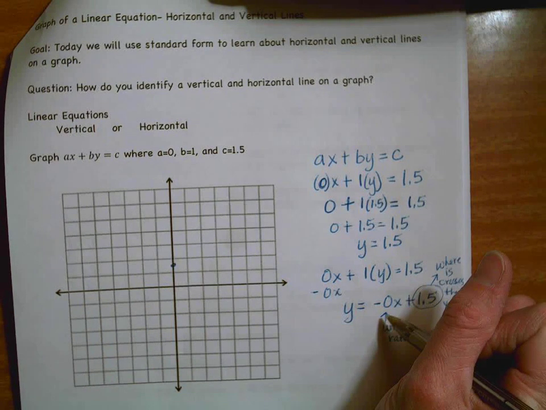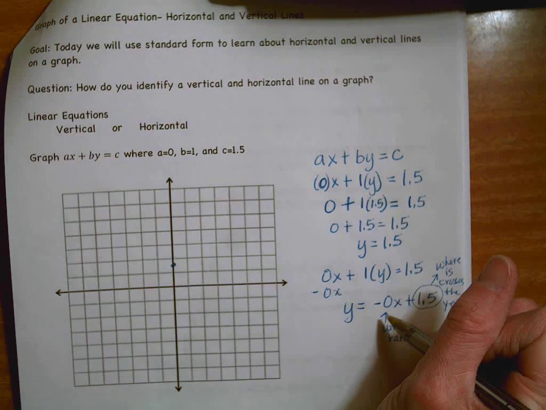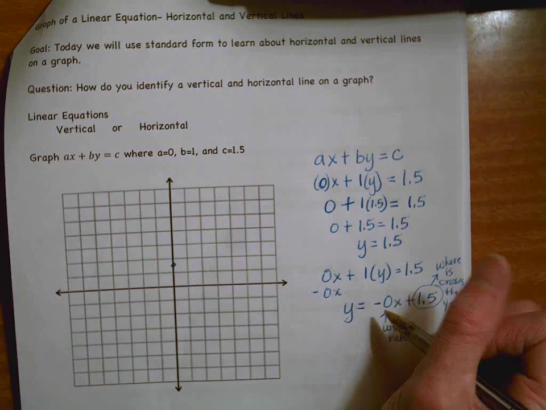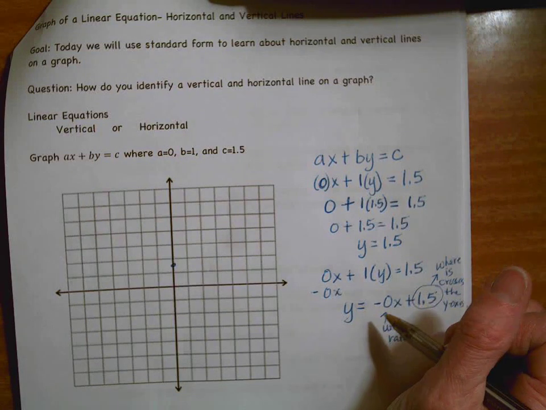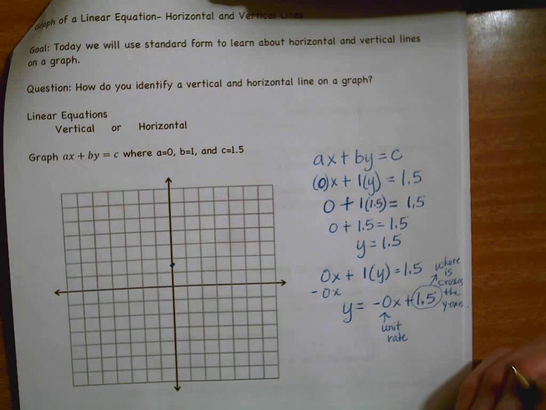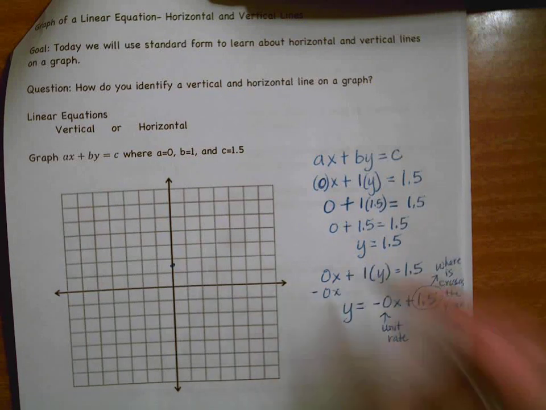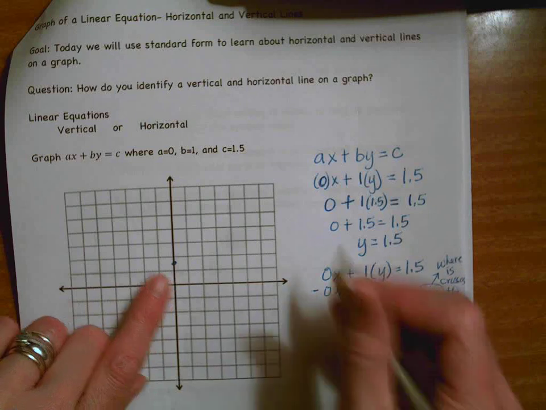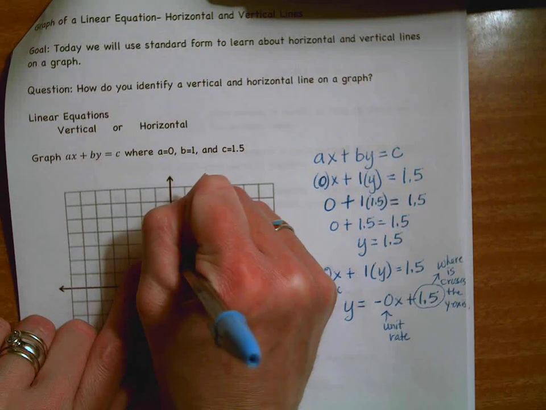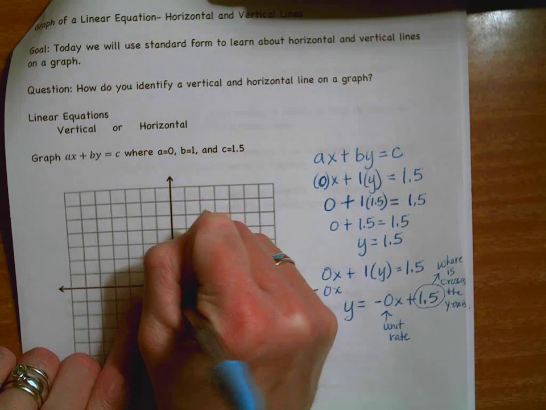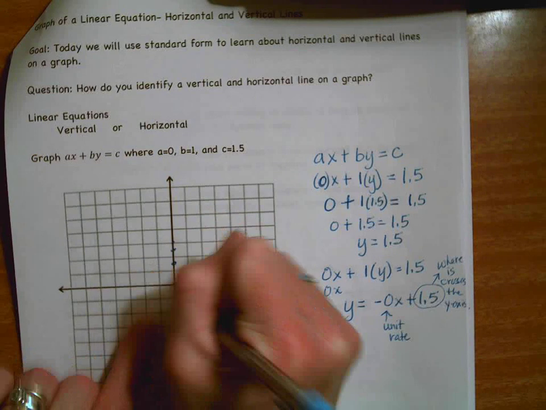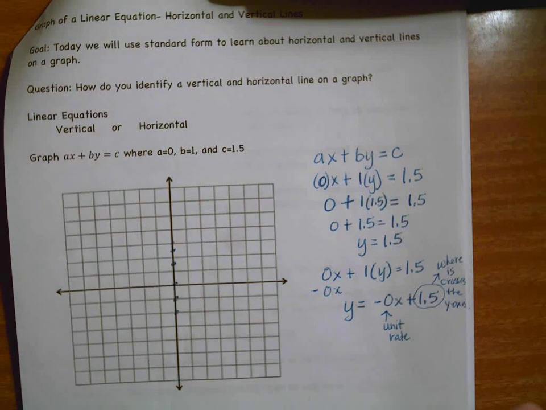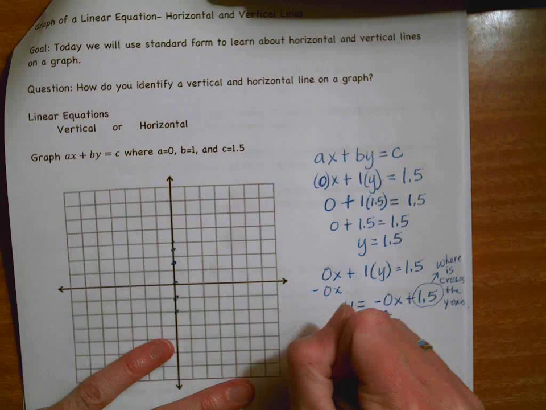The unit rate, which tells us how it moves, says you have negative 0 movement. Can you have negative 0 movement? Nope. So the x is always going to be 0. If the x is always 0, the y could be anything. It could be this, this, this, this.